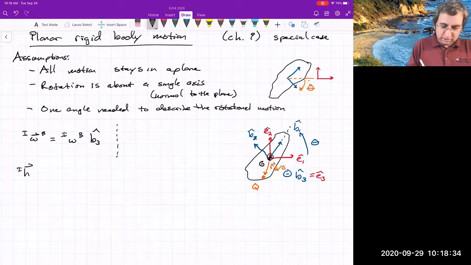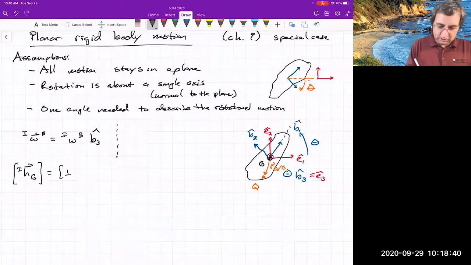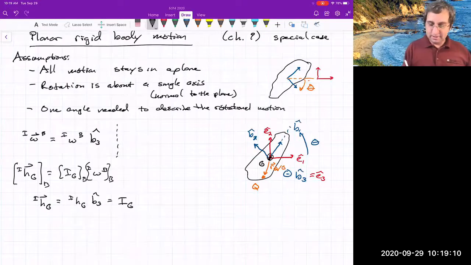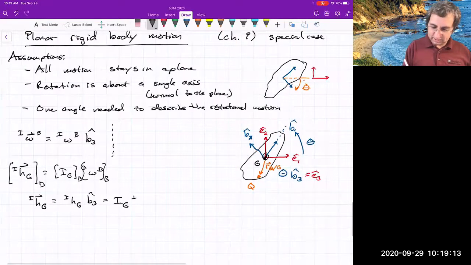All right. When we write the angular momentum, in general, this equaled some 3×3 matrix times I omega B as a matrix. But now the only component that matters is IG in the B3 direction. IG is now a scalar. It's not a 3×3 matrix, just a scalar times I omega B, a scalar in the B3 direction.